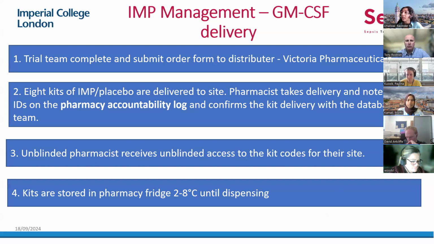They'll take the delivery and note the kits on the pharmacy accountability log and confirm the kit delivery with our database team. Prior to opening, we'll make sure that the unblinded pharmacist has access to the system we're using, which is sealed envelope, and they'll have unblinded access to the system. The kits will then be stored in the pharmacy fridge until they're ready to be dispensed.